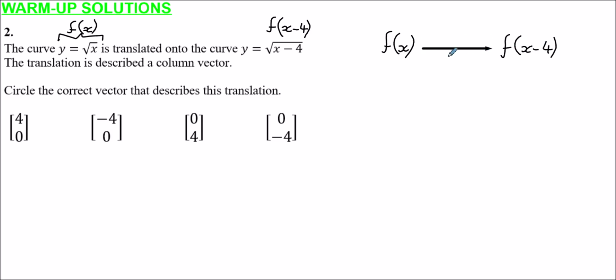And so this means it's going to be a translation that moves the x-coordinates 4 to the right, not 4 to the left like you might think. And we don't move up or down because the y-coordinates aren't affected, it's just the x values which are. And so the one we need to circle is this column vector here, 4, 0.